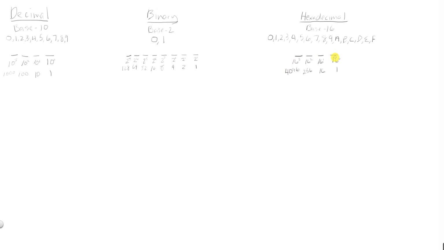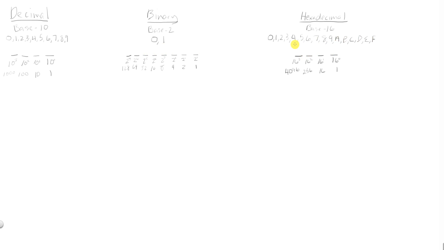Those are these place values. You can represent any number out there by plugging these symbols into these place values, and you can convert numbers between all three of these numbering systems: decimal, binary, and hexadecimal.